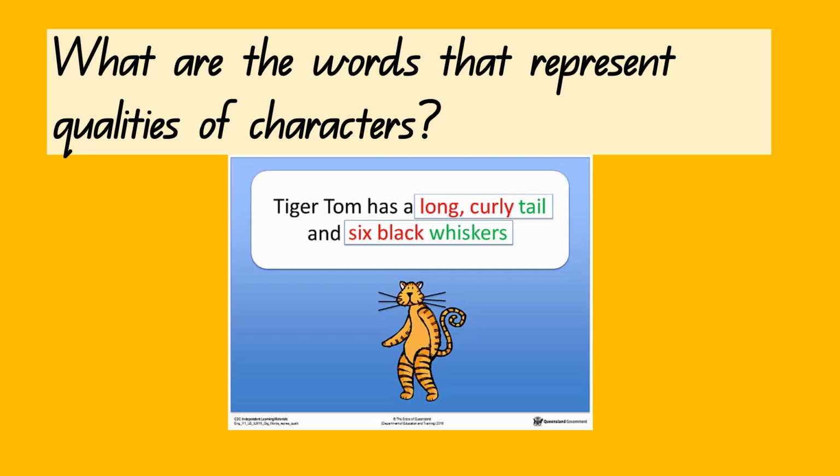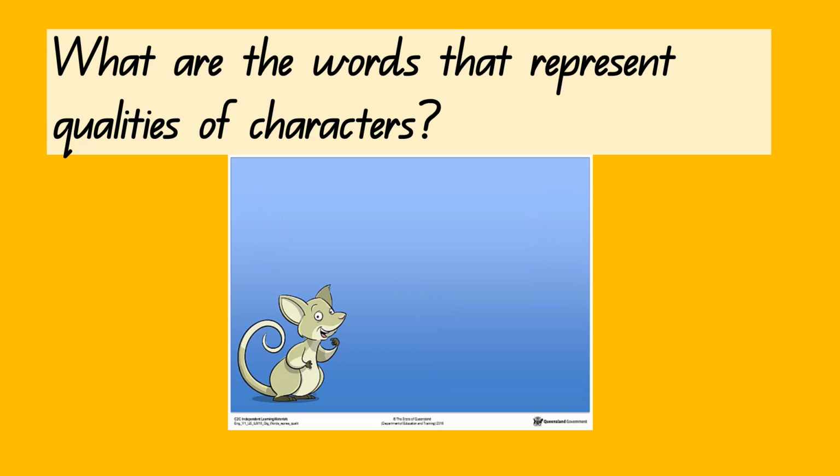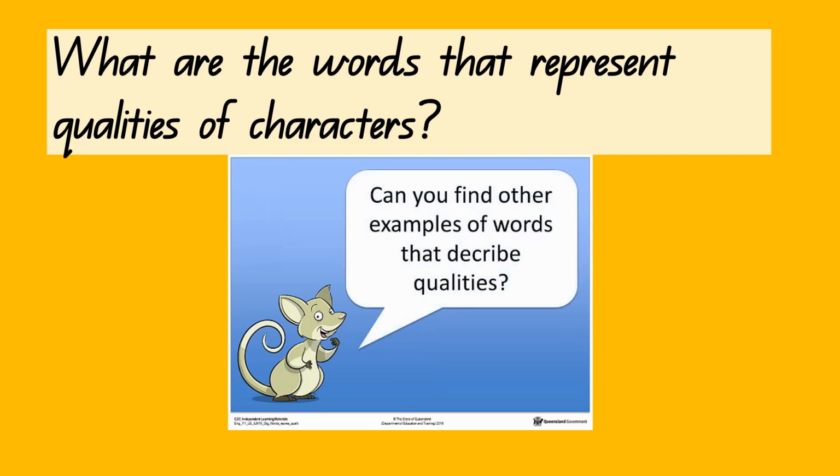There are 6 of them, and they are black. When you look at the picture of Tiger Tom, can you see that it matches the words in the sentence? Authors use words and pictures to create descriptions of characters. Now it's your turn. Can you find some other examples of adjectives that describe the qualities of characters in the picture books you have been reading?